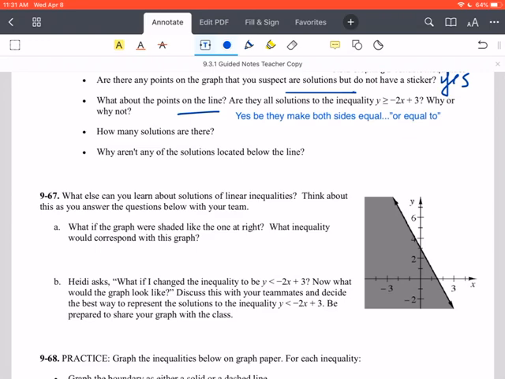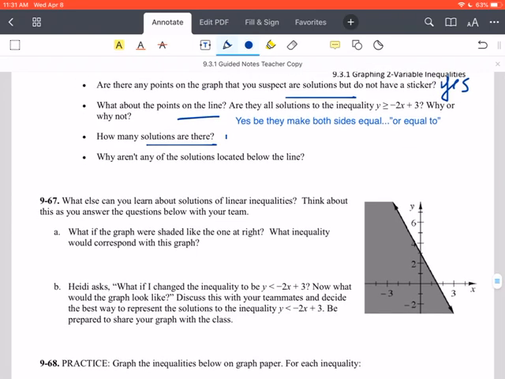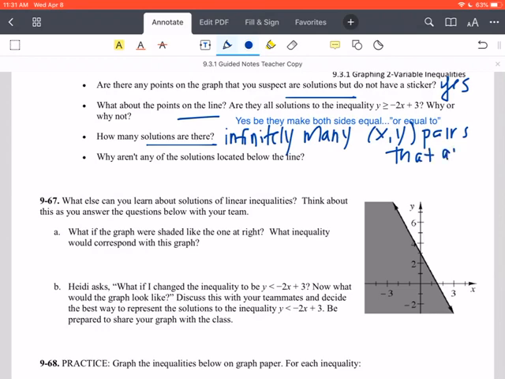Like I said, we could be here for days and days and days, but we see that there are infinitely many x, y pairs that are solutions.